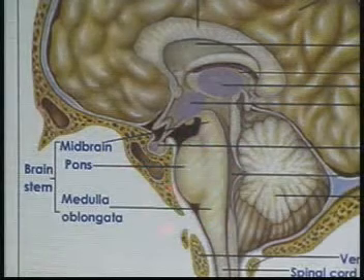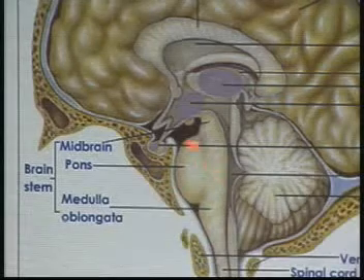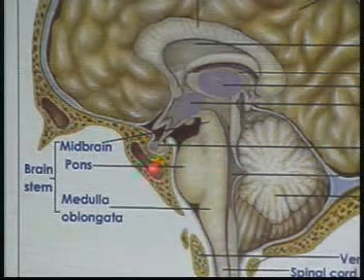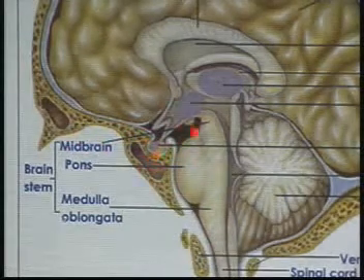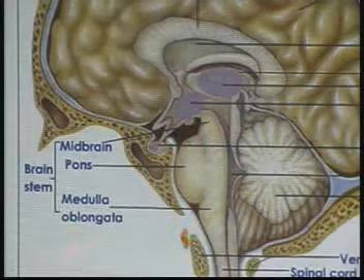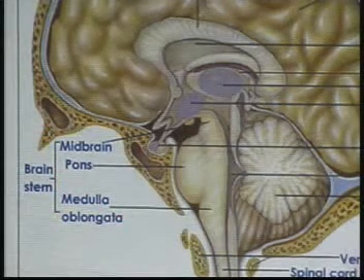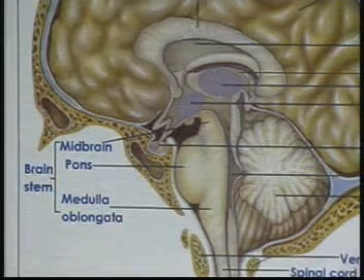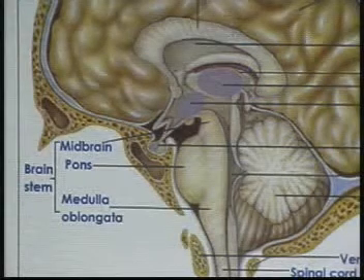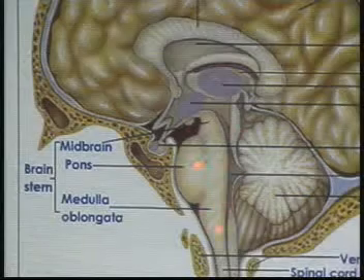Pons and medulla oblongata are part of the hindbrain, but along with the portion of the midbrain, that is the cerebral peduncles, the pons and the medulla oblongata form what is called the brain stem. The cerebral peduncles act as coordination centers between the forebrain and the hindbrain.